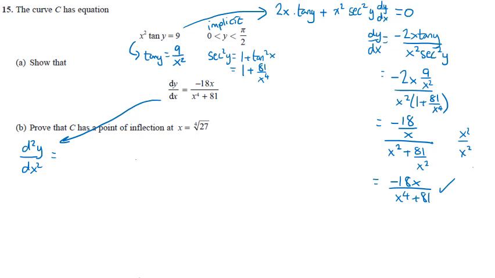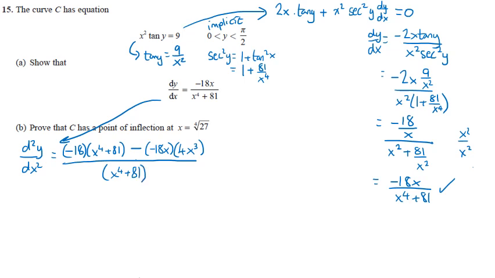So the quotient rule is that we differentiate the numerator first and multiply it by the denominator. Then we subtract from that the numerator times the derivative of the denominator, which is 4x cubed, and then divided by the denominator squared.